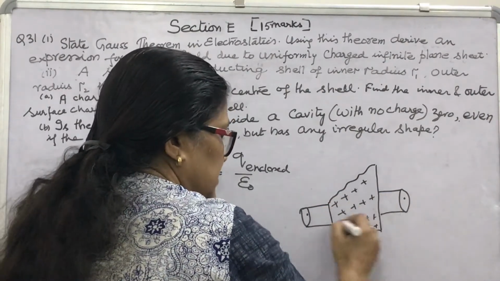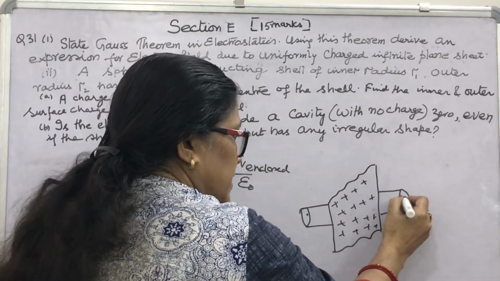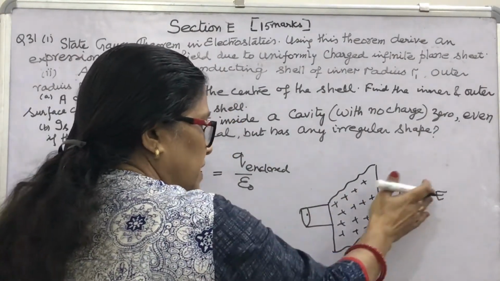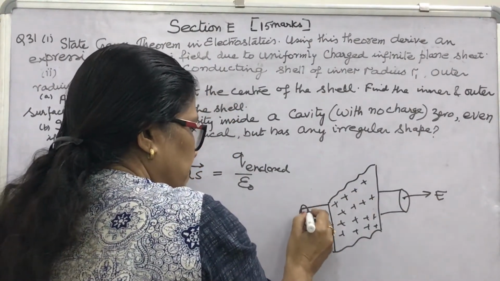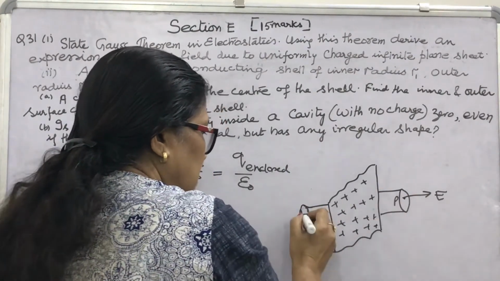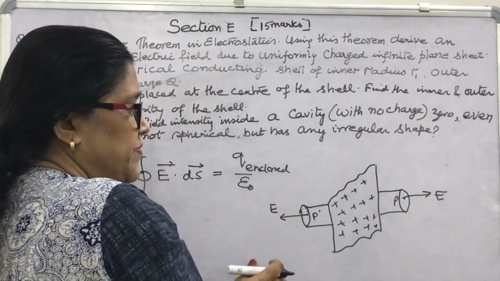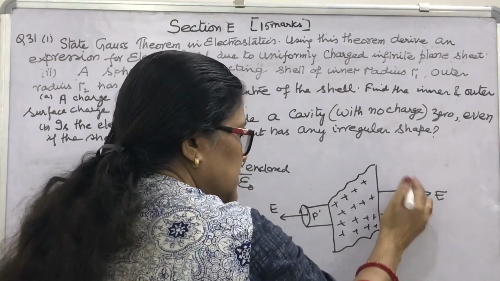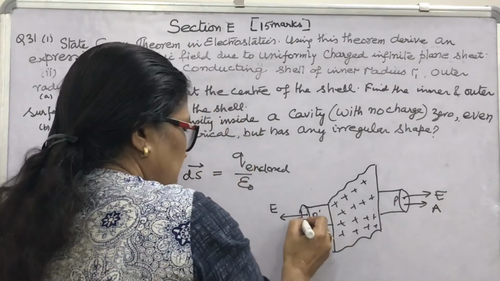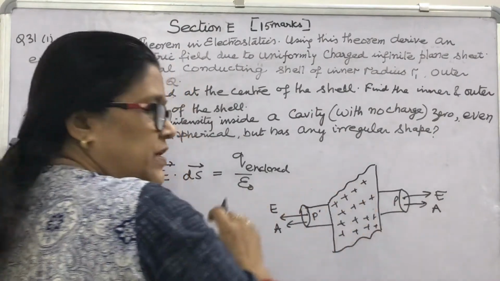At point P the electric field will be perpendicular to the plane of the sheet, directed away, and at point P dash the electric field will be the same, also directed away. The area of this surface will be A here, and A here also. This is the symmetrical Gaussian cylindrical surface we have assumed.